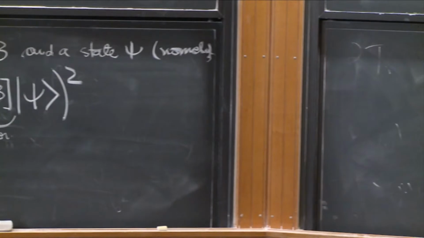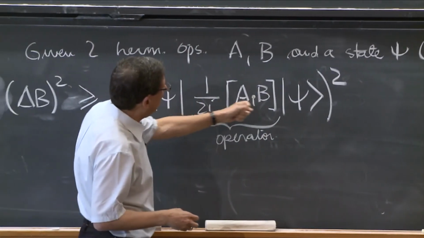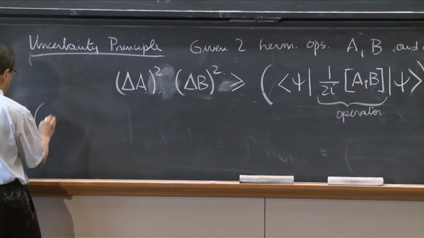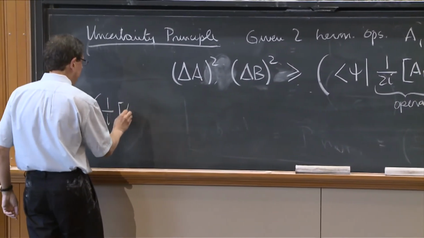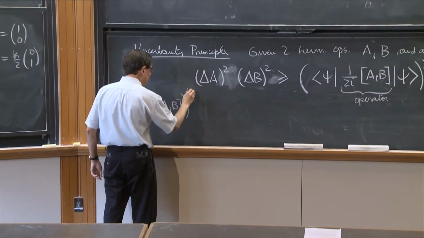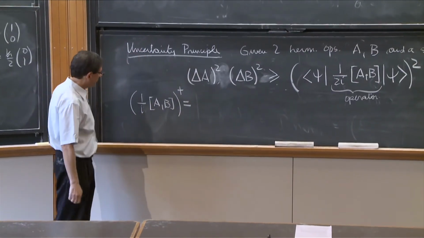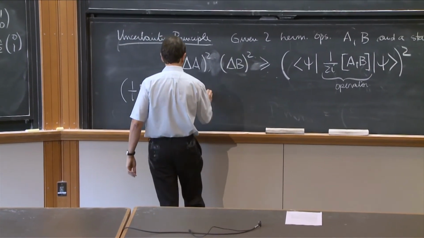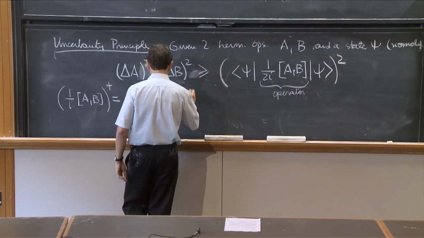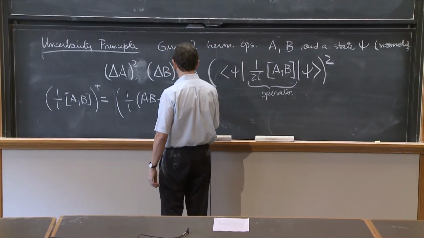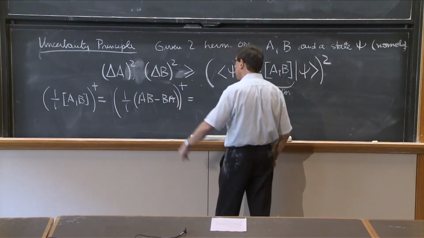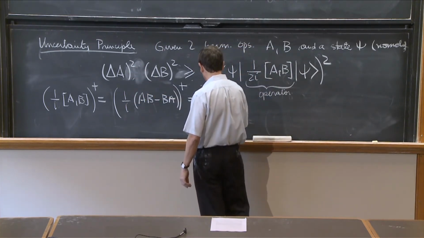So the fact is that this operator, as defined here, is Hermitian, because if you take 1 over i, AB minus BA, and we take its Hermitian conjugate, the i is going to get complex conjugated, so you're going to get 1 over minus i.